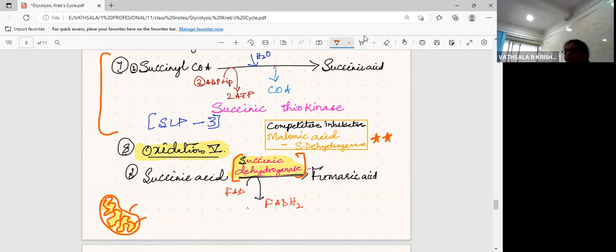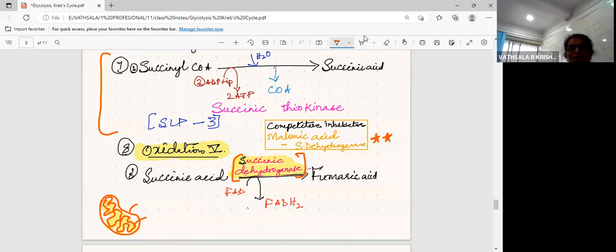Malic acid is different. Malic acid is an intermediate product formed in CAM plants. This is malonic acid, which imitates the substrate of succinic dehydrogenase.